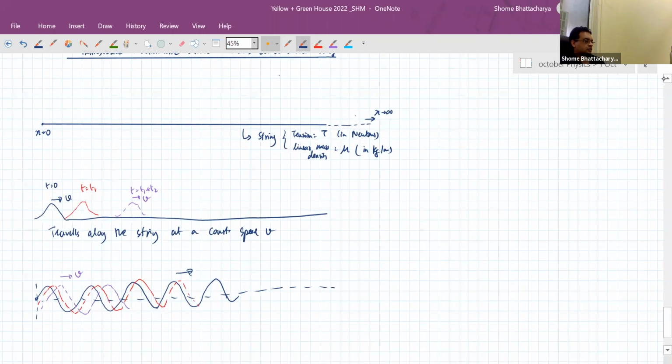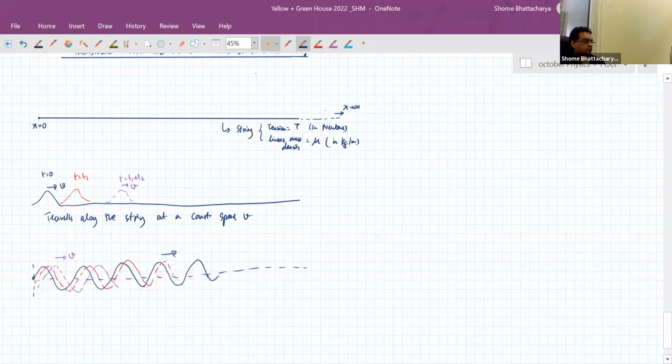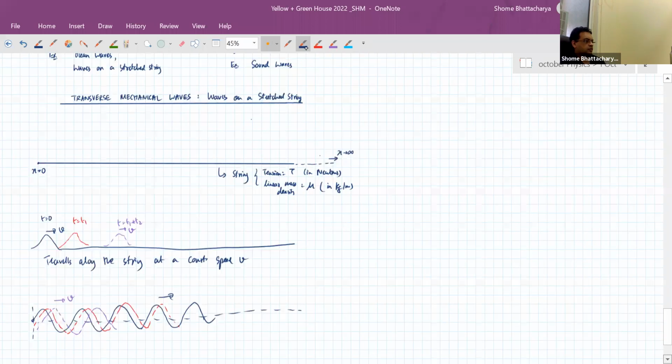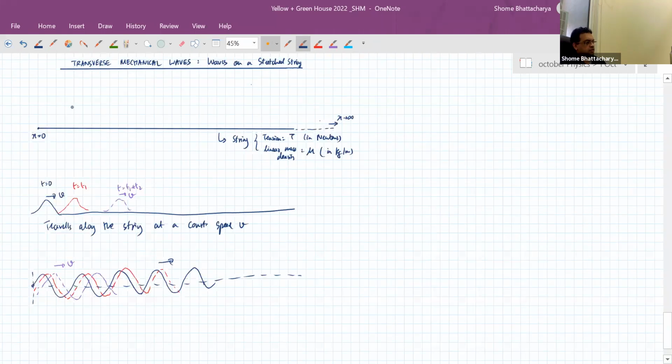So just make a note of this. This is a one-dimensional medium for propagation of transverse waves. That is a stretched string. So this is a single pulse.